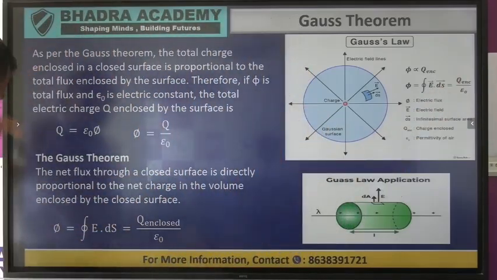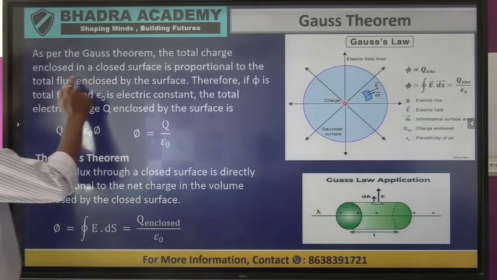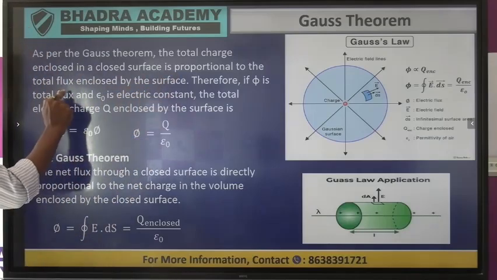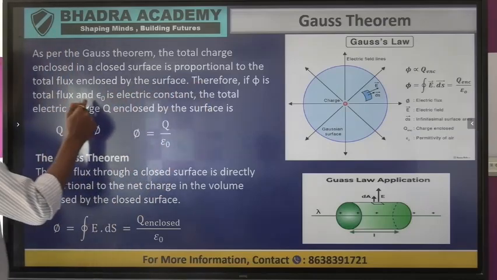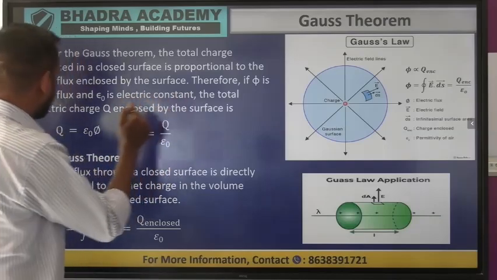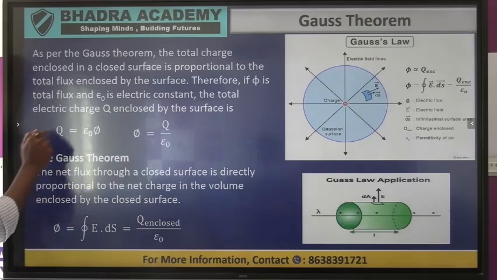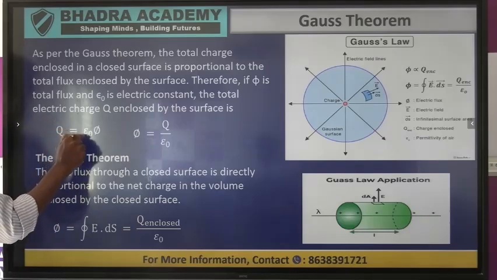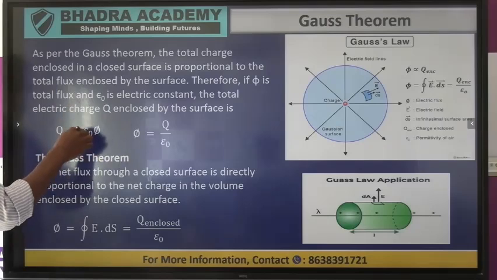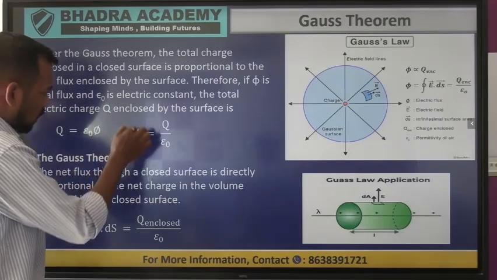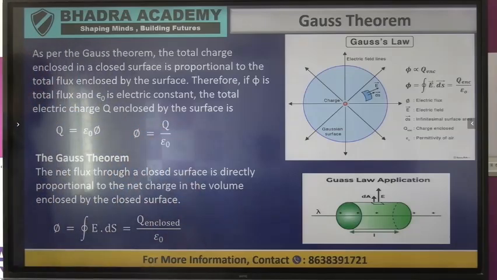In words, the total charge enclosed in a closed surface is proportional to the total flux through the surface. If phi is the total flux and epsilon naught is the electric constant, then the total electric flux is directly proportional to the total charge enclosed, divided by epsilon naught.